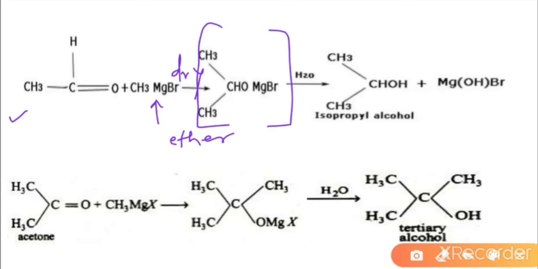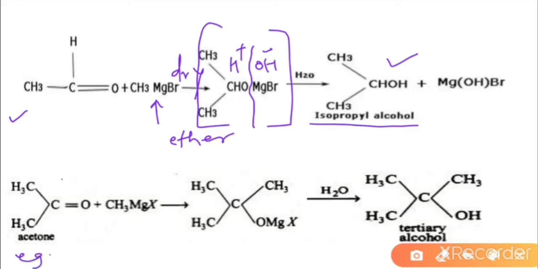For example, acetaldehyde when treated with methyl magnesium bromide in presence of dry ether gives first organometallic complex, which on acid hydrolysis gives secondary alcohol. Name of alcohol is isopropyl alcohol.